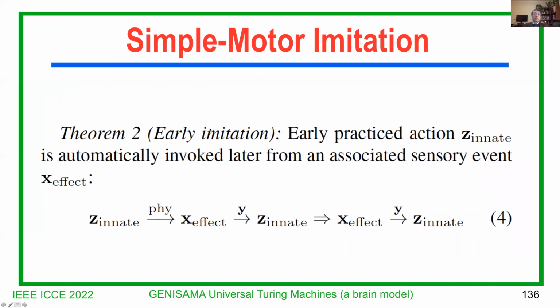Let's look at the formulation using DM. Simple motor, that's early imitation, typically soon after birth. Then in the prenatal stage, we learn the innate Z, which can be automatically invoked later as innate behavior, and then it is associated with sensory event X as its effect. Suppose that I cry, and I hear the sound of myself. When I hear the sound and also cry, then the sound will evoke the cry. This is like self-supervised learning.